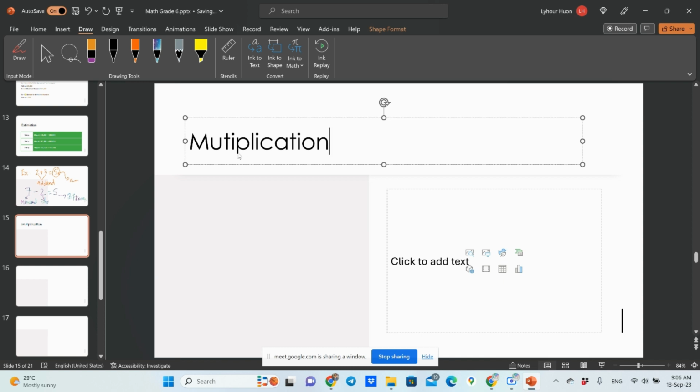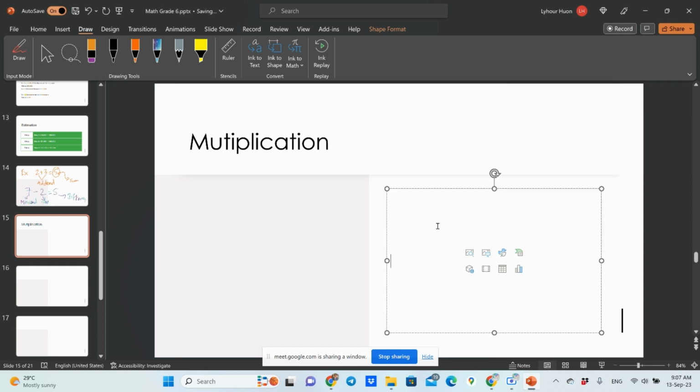Actually, you already studied this, but we do a little review, and if there is anything I can add, I will add to it. So the concept of multiplication comes from, for example, your mom giving you $5 every day for 7 days, in 1 week.